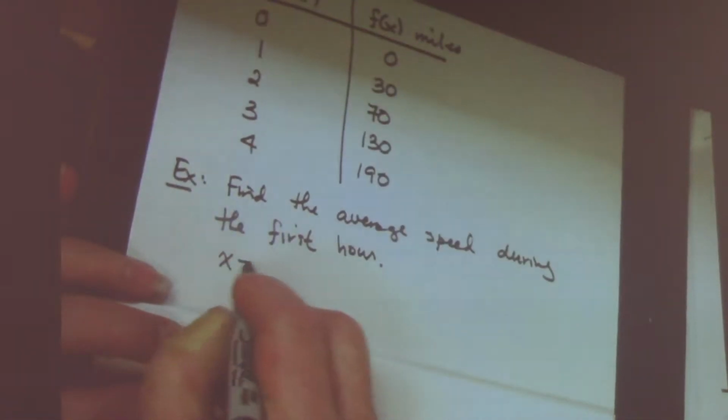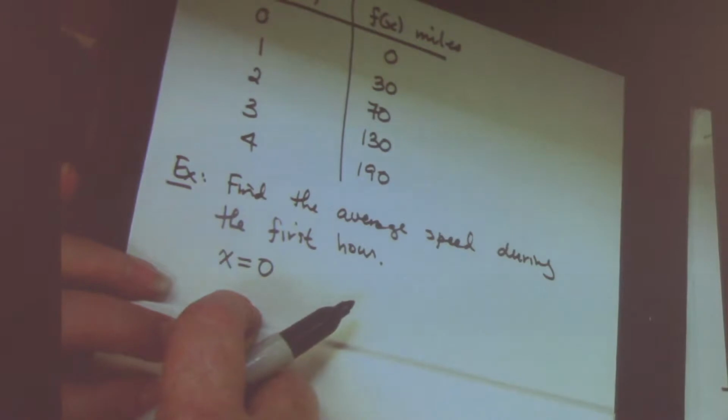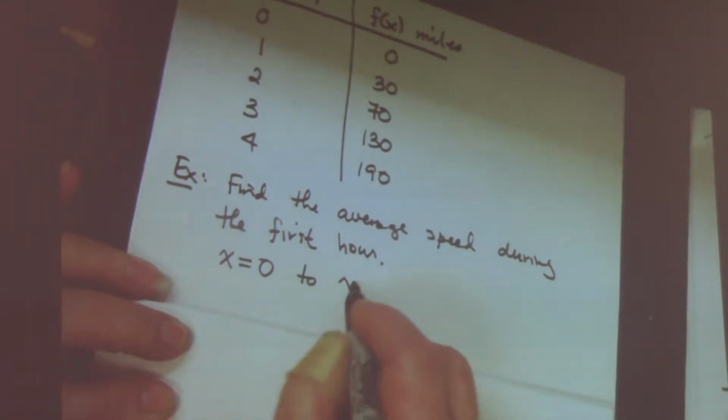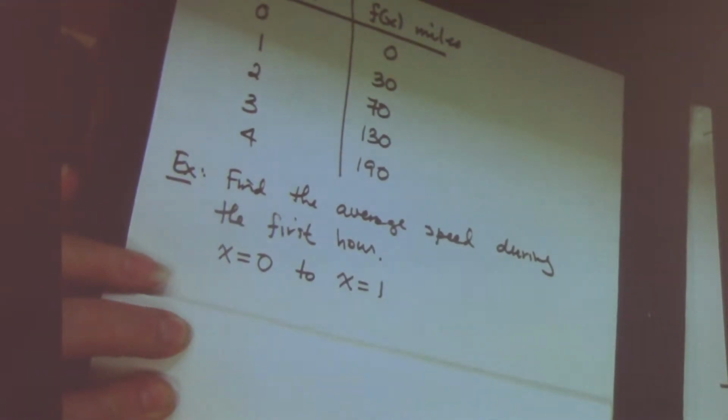Now just for future reference, that means from x equals 0 to x equals 1. That's the first hour, okay? All right, so speed is the total miles driven divided by the total time, like miles per hour, okay?